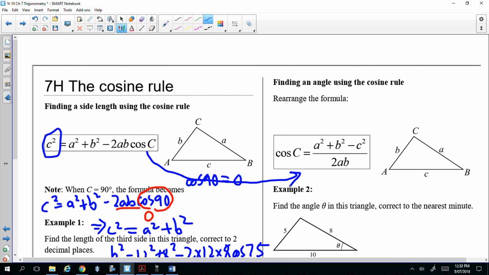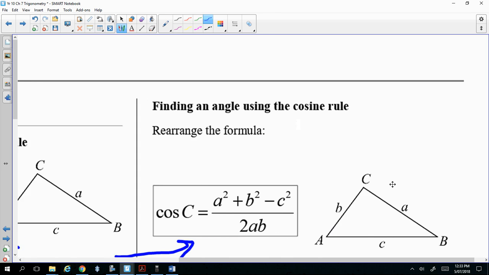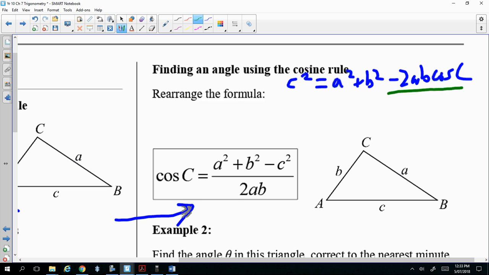But you don't have to know that. You just have to memorize the formula. So let's write down the rule. c squared equals a squared plus b squared minus 2ab cos C. And then what you do is, let's rearrange. Move this guy to the left: 2ab cos C equals a squared plus b squared, and then move the c squared to the right.